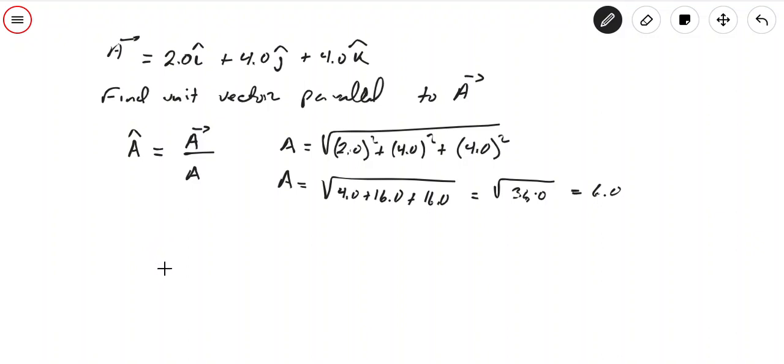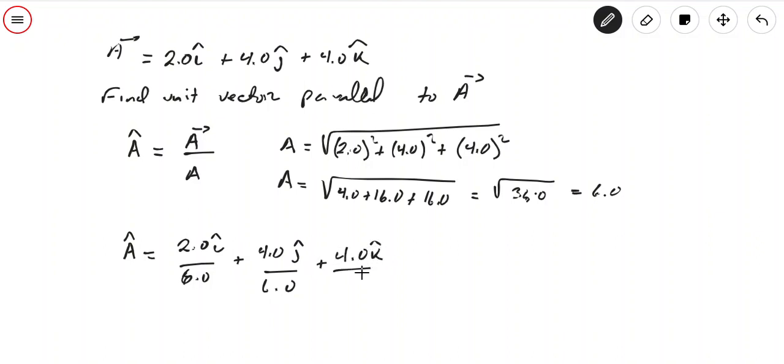So once I have the magnitude of the vector A, to find the unit vector, what I have to do is to divide each component of the vector A by the magnitude. So I have 2.0i divided by 6.0 plus 4.0j divided by 6.0 plus 4.0k divided by 6.0.